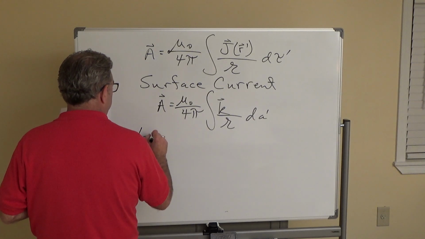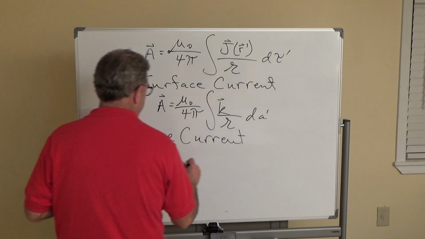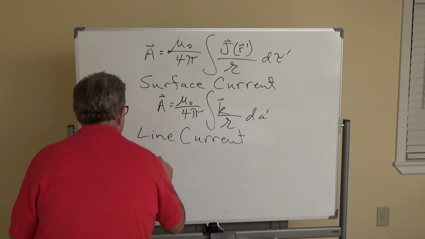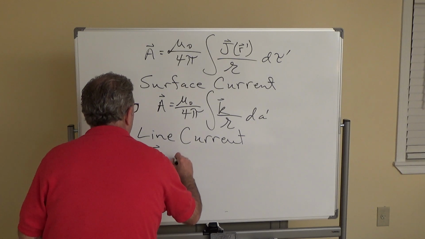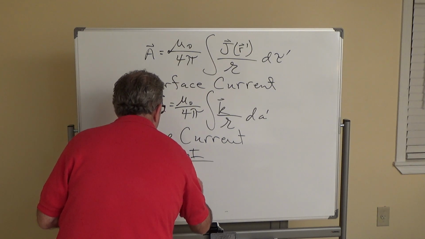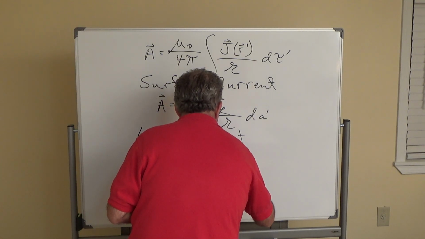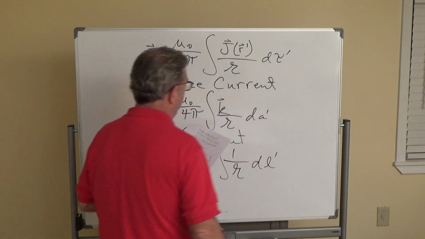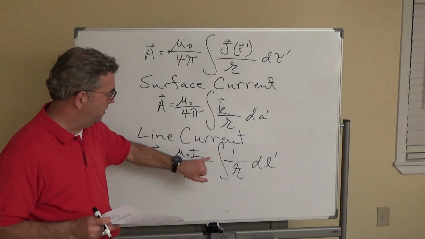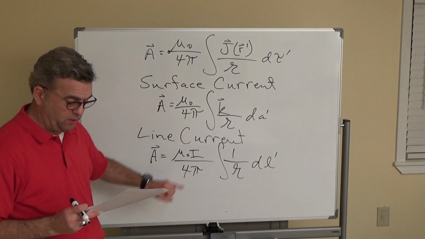For a line current, A is equal to mu naught I, we've got a steady current, divided by 4 pi times the integral of 1 over script R dl prime. Okay? This would be a vector inside here. You'd have a vector for this, but this is for a straight line current.